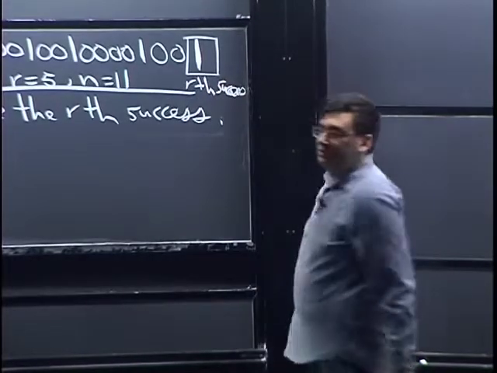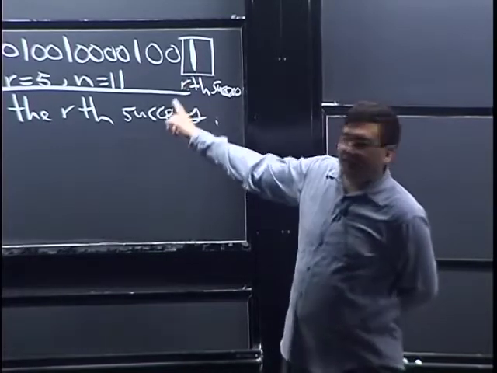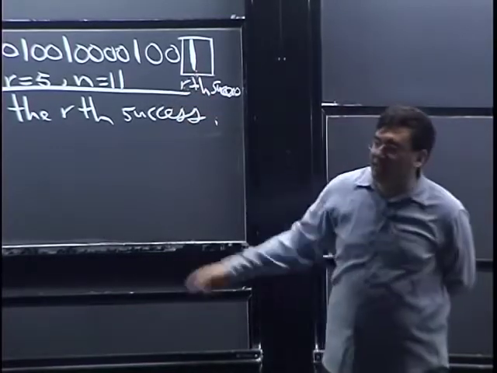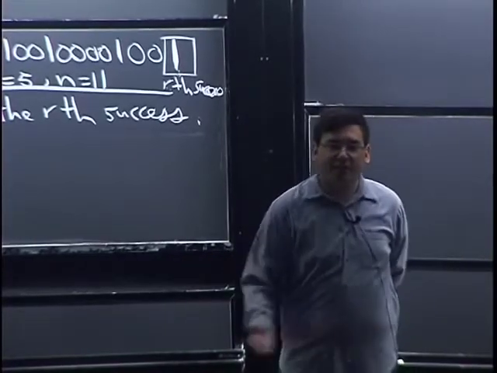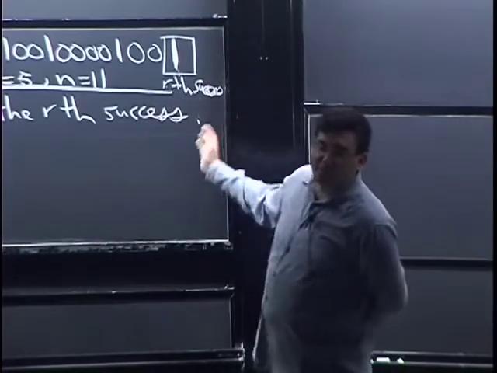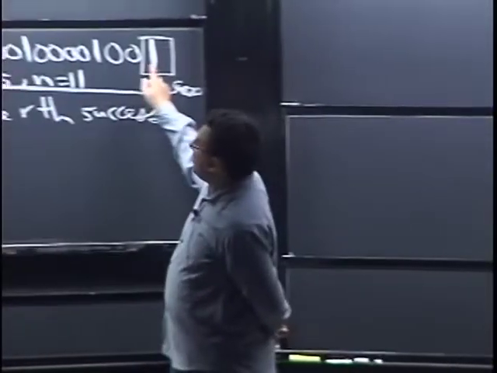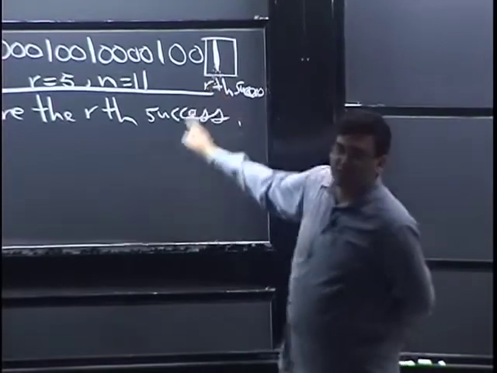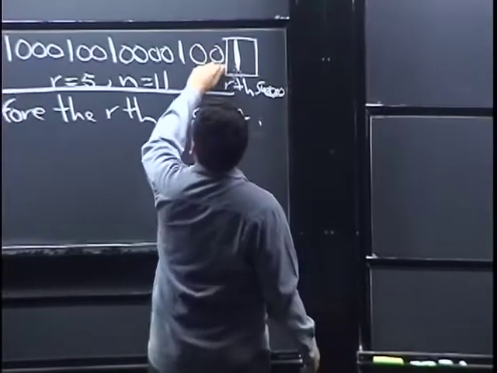That could not have been a 0, right? Because if that was a 0, that would either mean we had not yet achieved our rth success, or we'd achieved it earlier, and then why were we continuing? Okay? So one thing I know for sure is that when you stop this, it's going to be with a success, right?